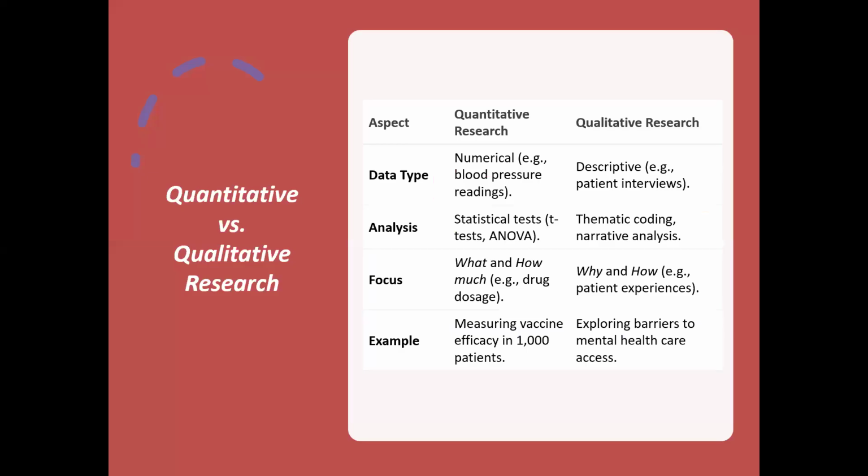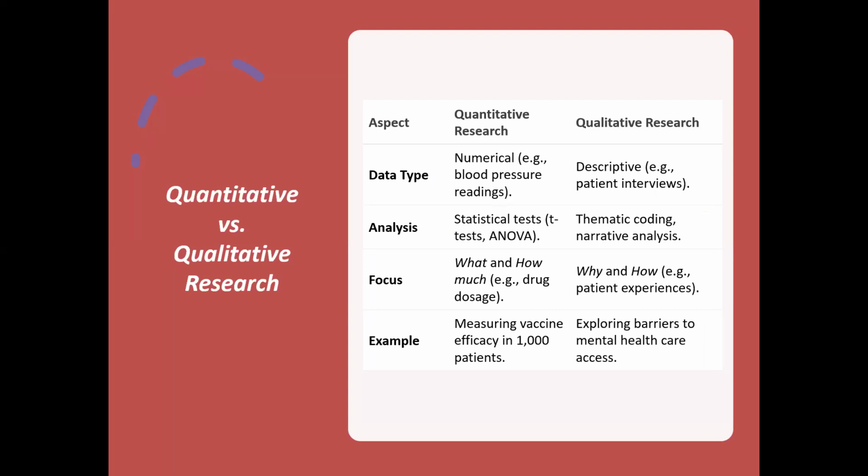Now, what are the differences between quantitative and qualitative research? In quantitative research, the data type is numerical, for example, blood pressure readings, and in qualitative research, the data type is descriptive, like patient interviews and patient surveys.